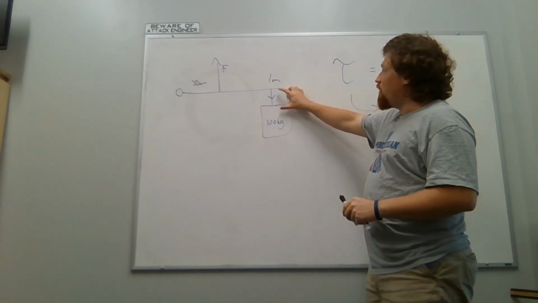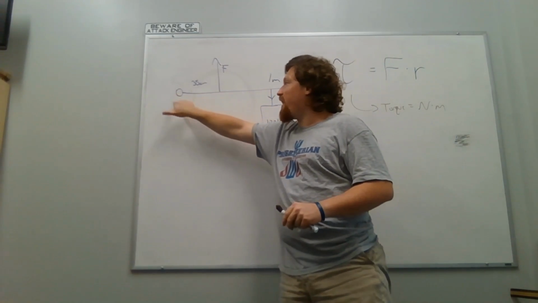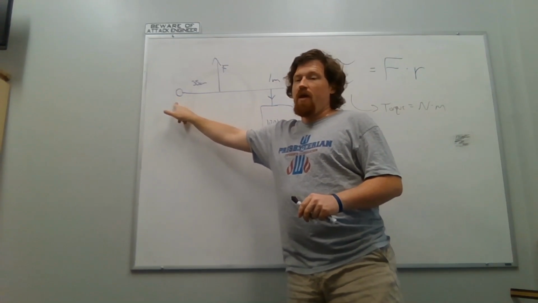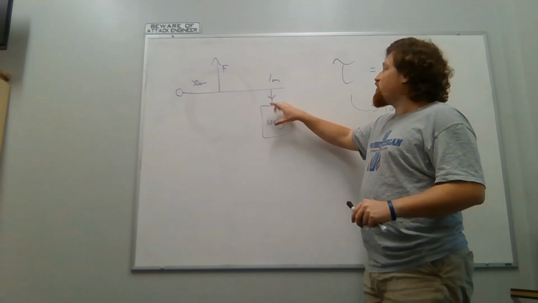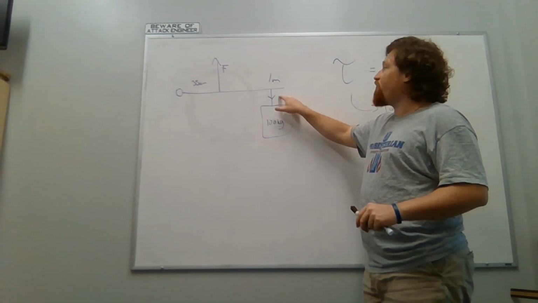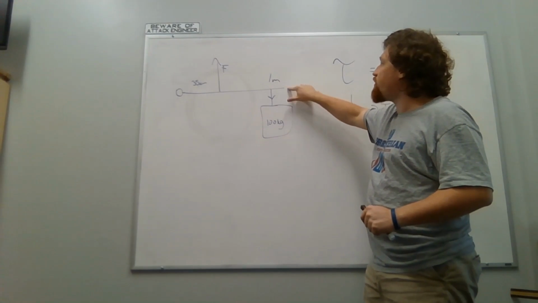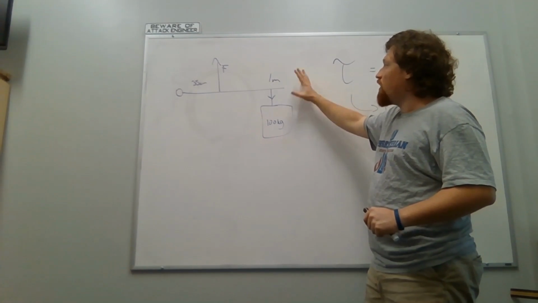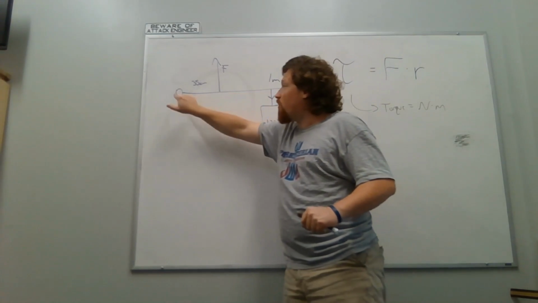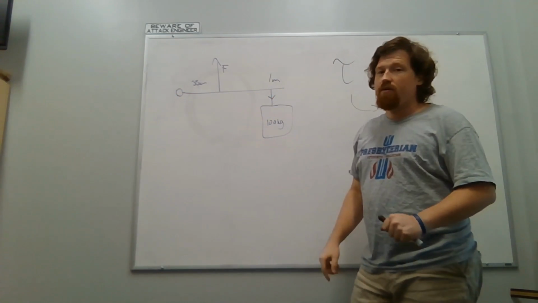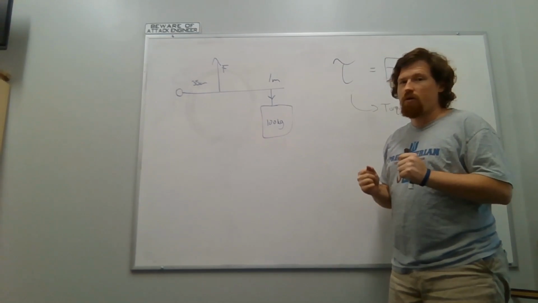So this mass is hanging 1 meter away from a fulcrum, and gravity is going to pull down on this mass, and therefore that force is also going to be applied on this rope tied to this pole. So there's going to be a force pulling down on this pole 1 meter away from this pivot right here, and that's going to create a torque.